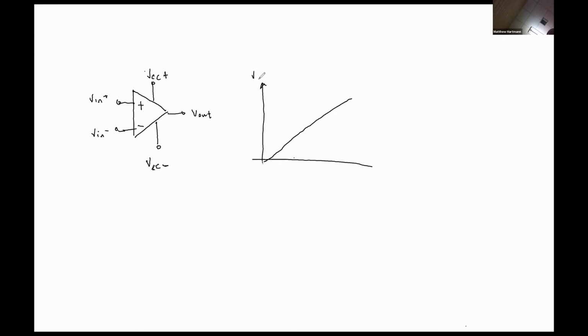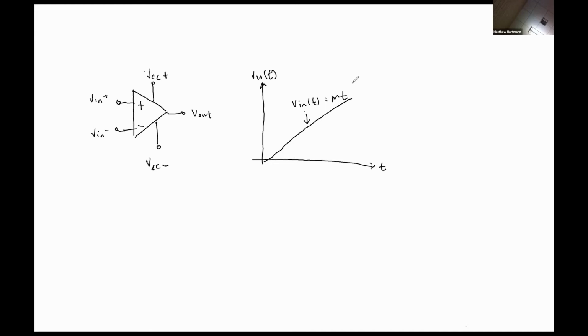So this is Vn of t, and this is time. And we just have Vn of t equal to some slope times t. So a 0 DC offset, okay?